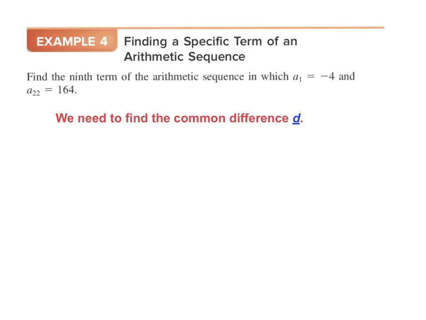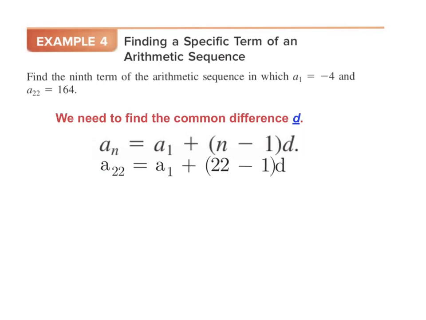Now, here's how we're going to do this. Since we know that there's 22 terms, and this has to be arithmetic, the common difference has to be constant. Again, this is the formula we're going to use, and we need to plug in. The problem is we don't know what D is, so I can plug 22 in for n.